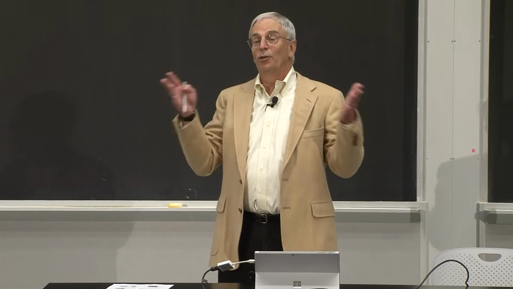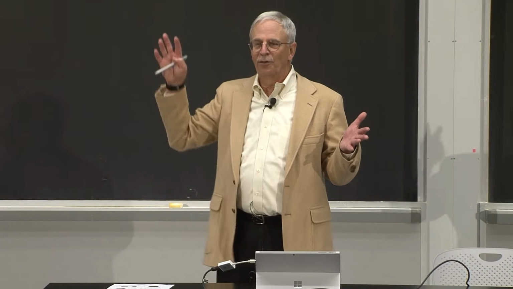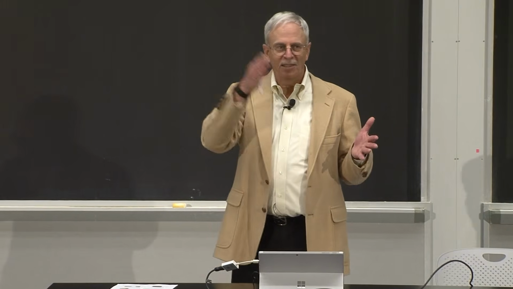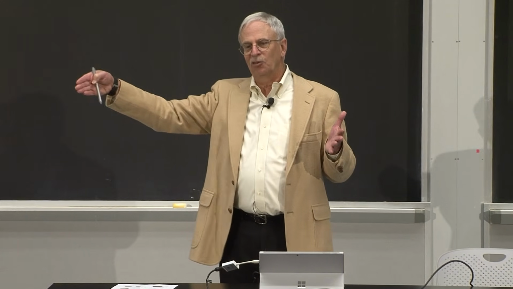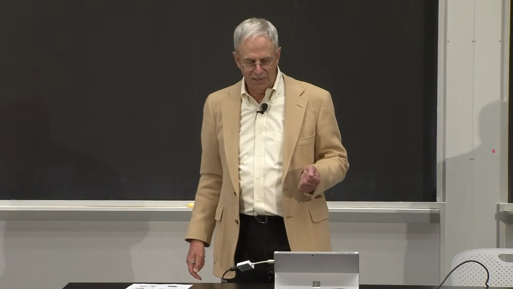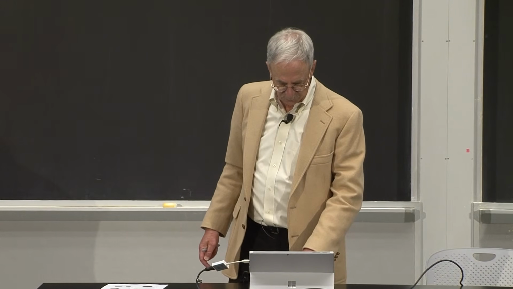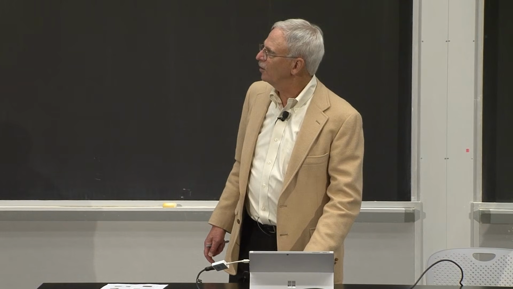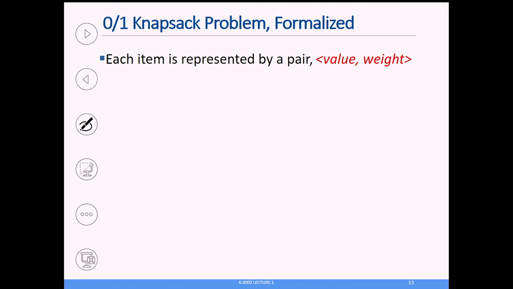Or maybe 1,200 calories, and everything else is more than 300. So once I take one thing, it constrains possible solutions. A greedy algorithm, as we'll see, is not guaranteed to give me the best answer. All right, let's look at a formalization of it. So each item is represented by a pair: the value of the item and the weight of the item.